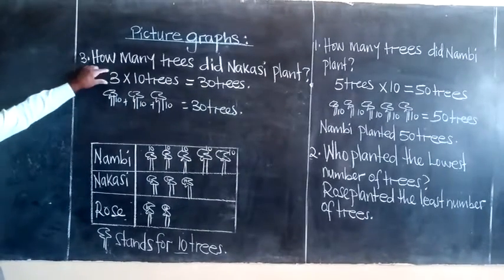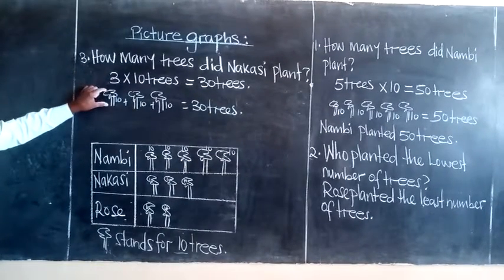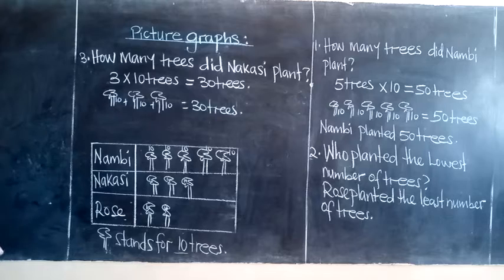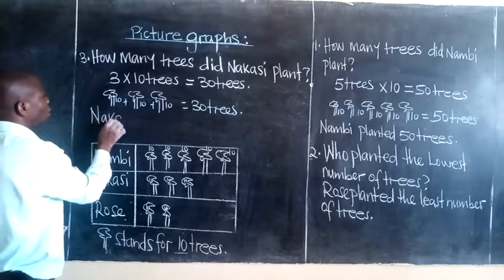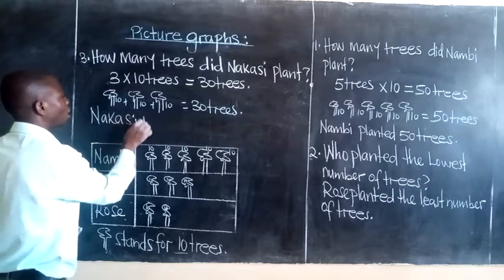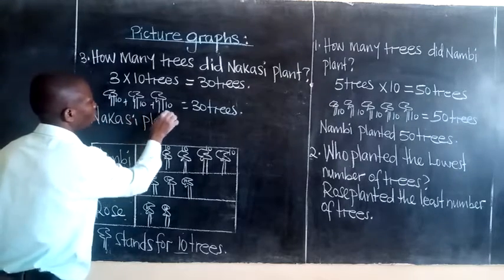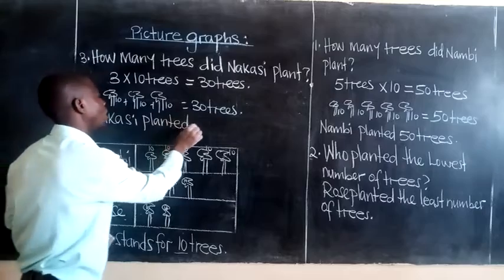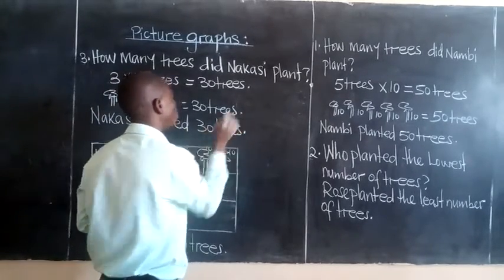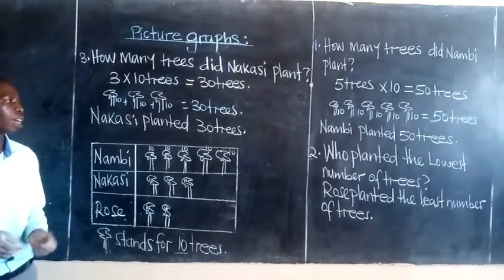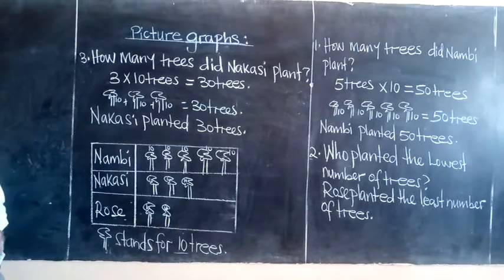So if you use this method, use that one. Then you conclude by saying Nakasi planted 30 trees. Full stop.